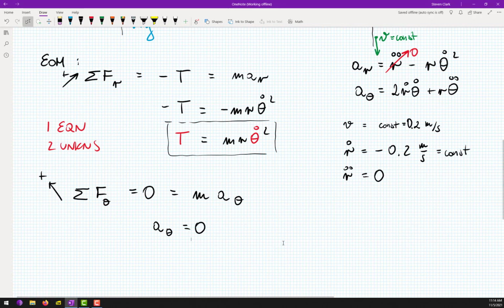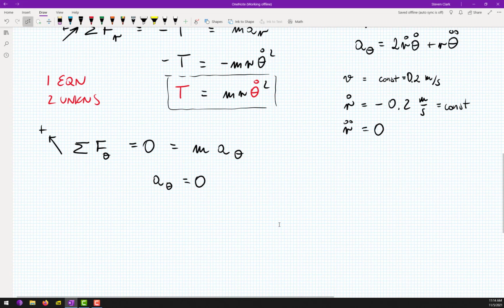Okay, and that means that I must plug this thing in here right now. So that means that 2 r dot theta dot plus r theta double dot is 0.